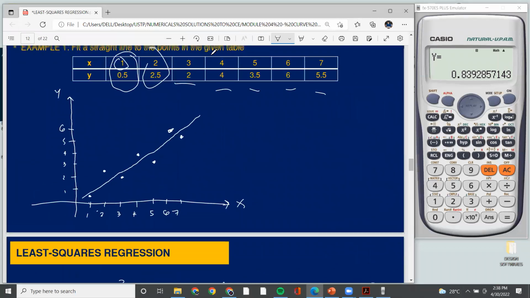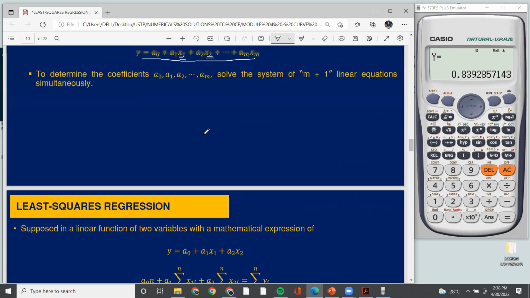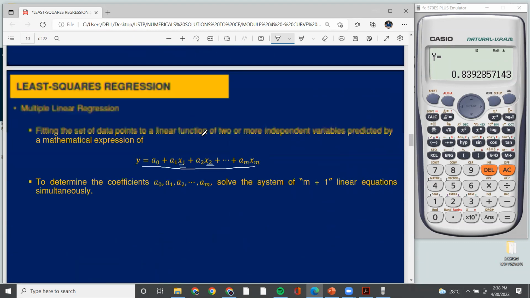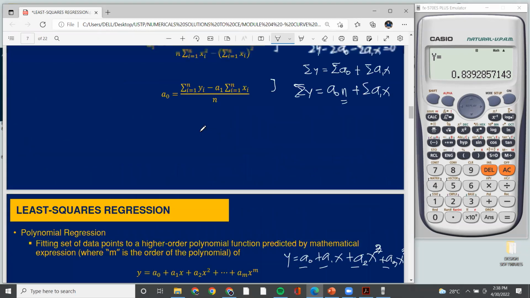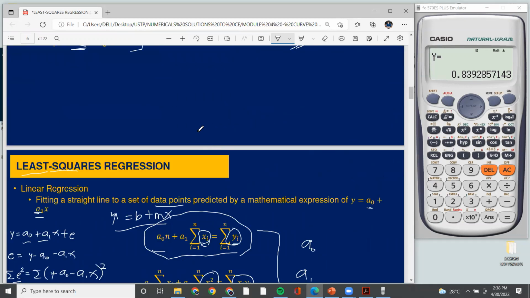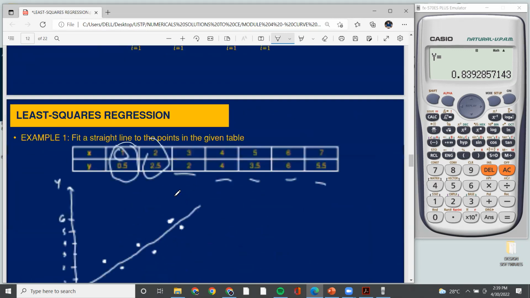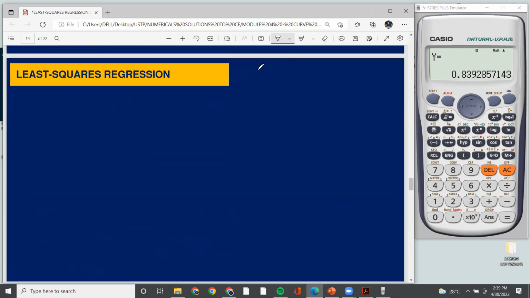So now, back to the problem. This is the formula for the corrected y: y equals A sub 0 plus A sub 1 x. A sub 0 is 0.0714 and A sub 1 is 0.8393 times x.